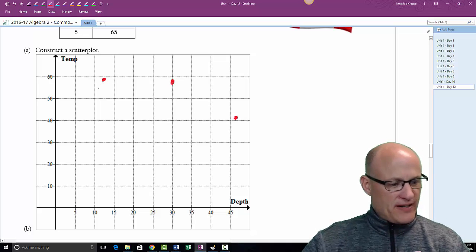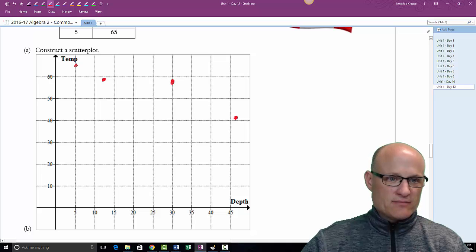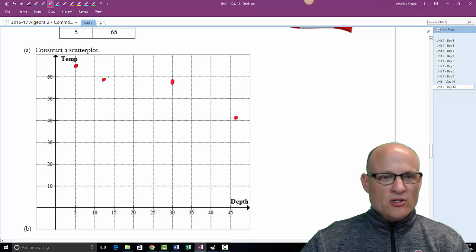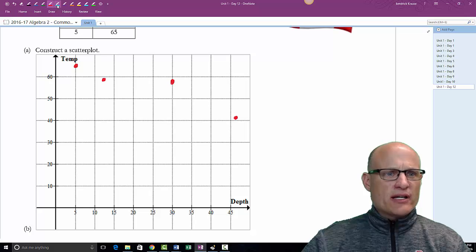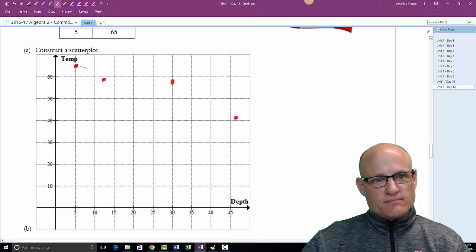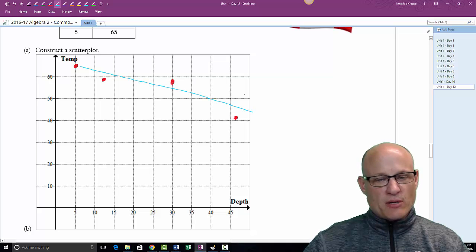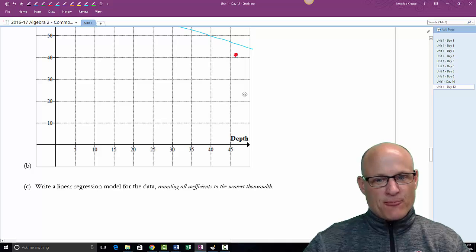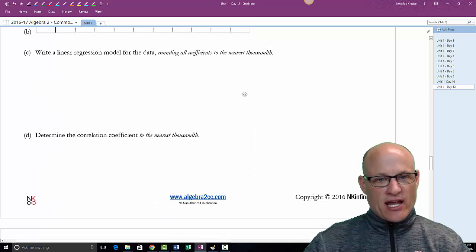And then we've got 5 and 65. So if I'm looking at this line, I'm thinking, wow, that would be like the line of best fit. If I had to draw that line of best fit, that would be probably what it would look like right there. So it's got a kind of a negative slope. So when I graph this thing, I'm probably going to have a negative slope.